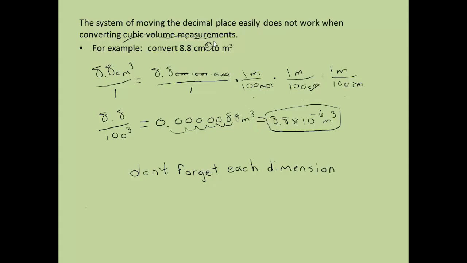Because really what you can think of is each time you're multiplying 8.8 by this ratio of 1 meter over 100 centimeters, you're doing it for each one of the dimensions, length, width, and height.